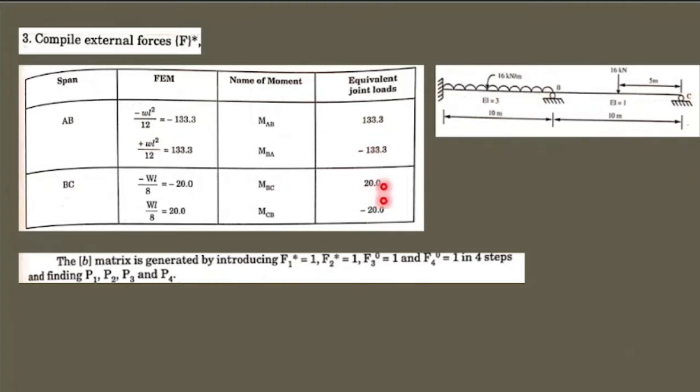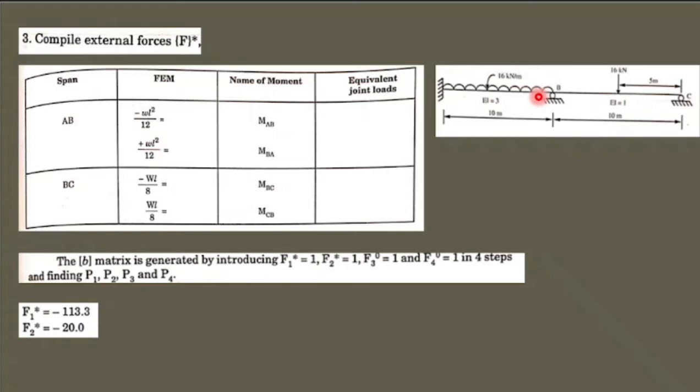So if you add this, what will be your answer? Minus 133 minus 20, minus 113. So this is F1 star. And okay, what is the C to B moment, which is minus 20. So these two will be the F1 and F2 star.